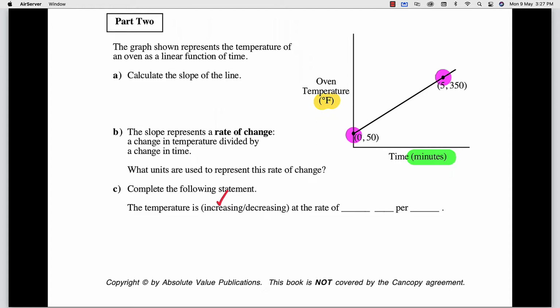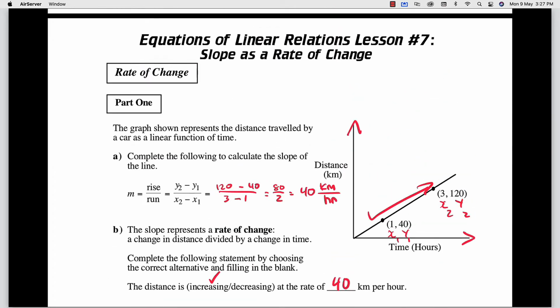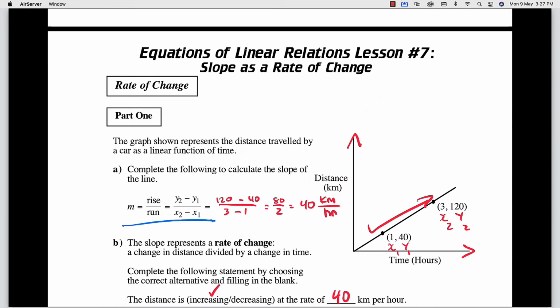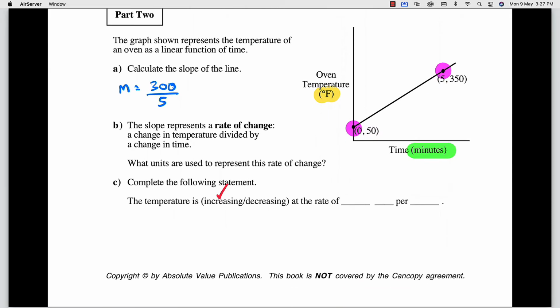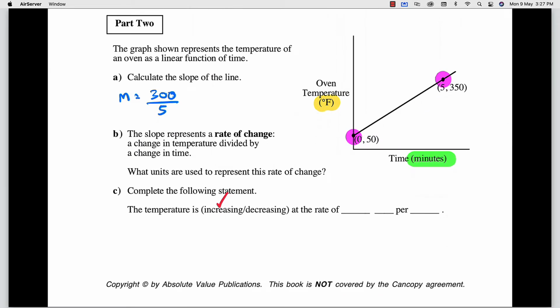So if the numbers are simple like that, basically my slope is going to equal the 300 in vertical change over the 5 units, in this case, in horizontal change. And that was done by going 350 minus 50 and 5 minus 0. So the same way we would have set this one up right there. Okay, now this can be simplified down again.